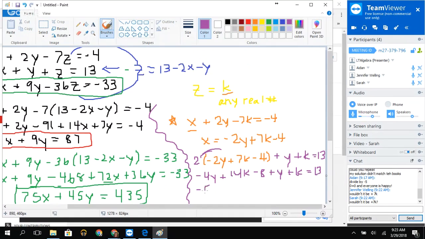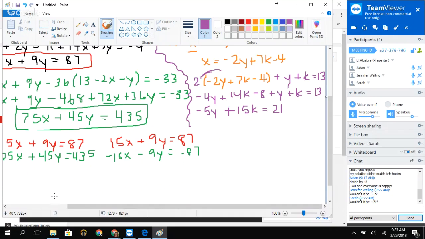We've got negative 5y plus 15k equals, and then 8 plus 13 is 21, if I did my math right. Negative 5y equals 21 minus 15k, or y equals negative 21 fifths plus 3k.